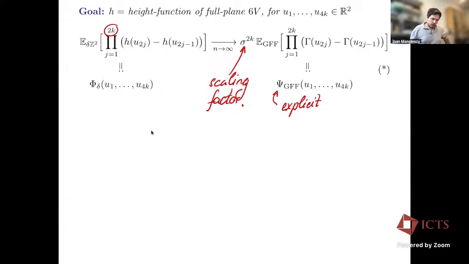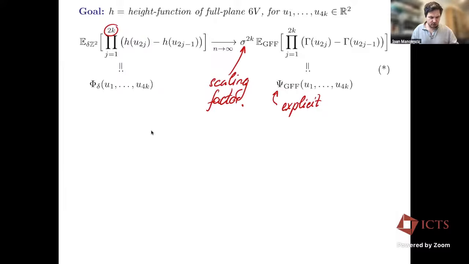Okay. So this is what you would like to have if you think you have convergence to GFF. And it turns out that this is sufficient to obtain convergence in the sense that I've drawn before. So this is going to be our goal.